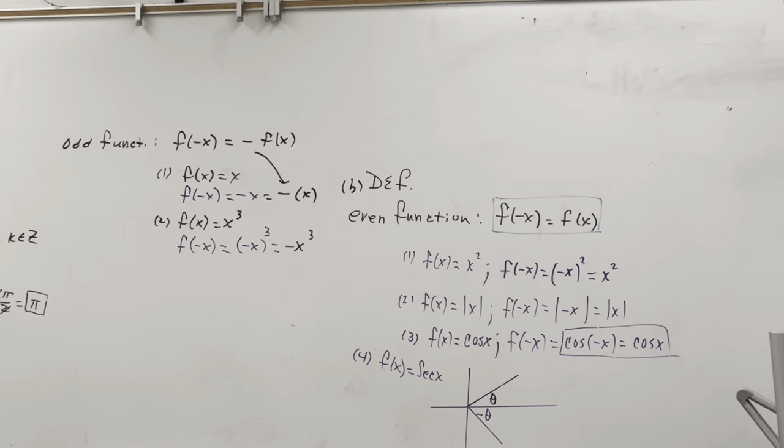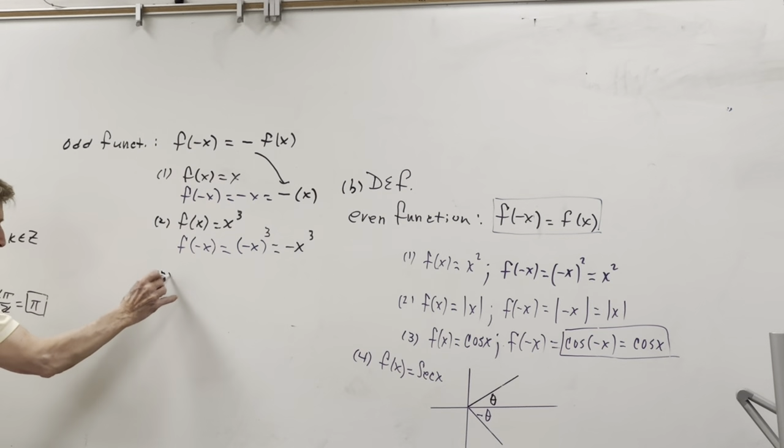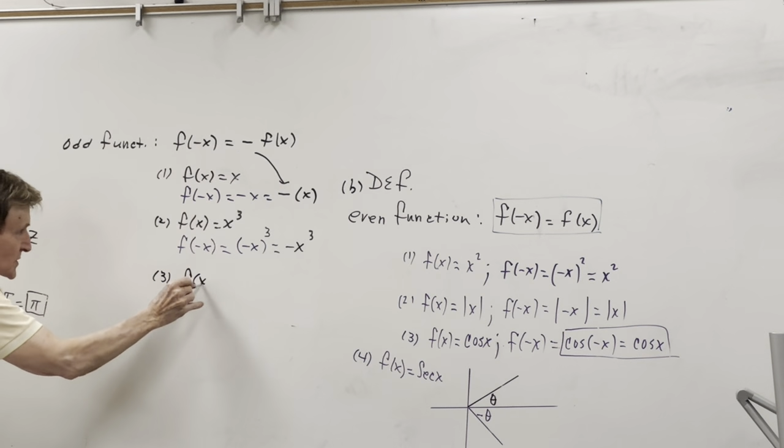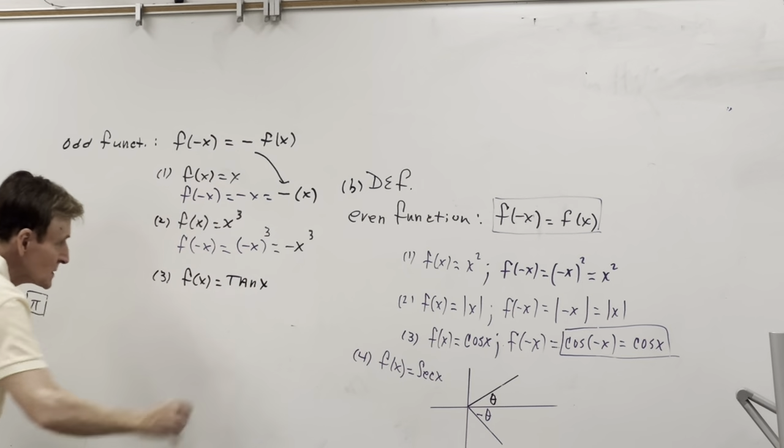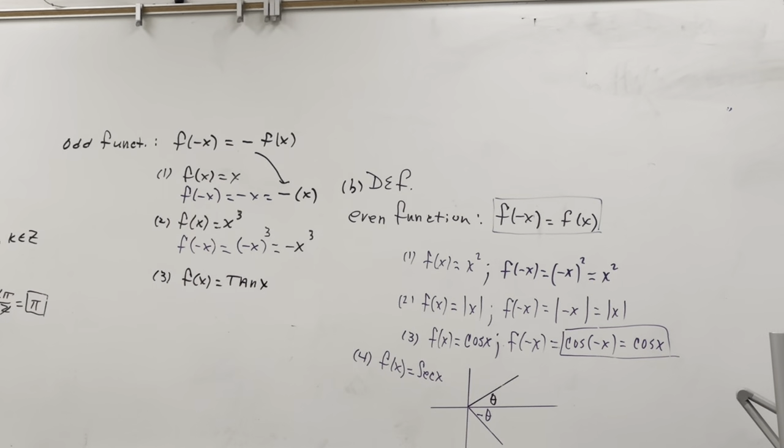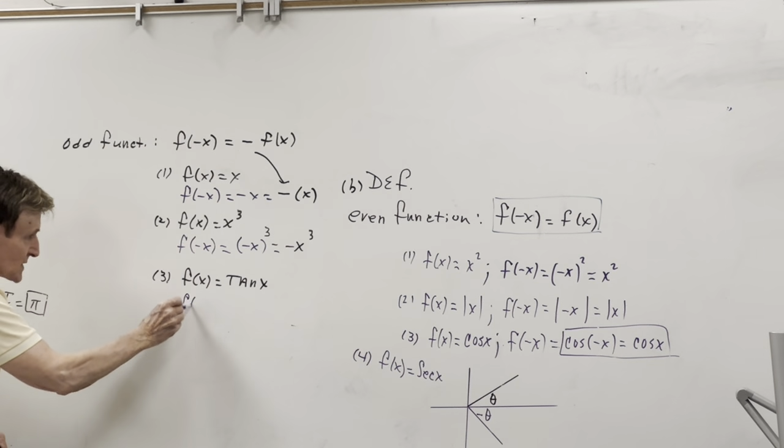Professor, the trig functions, which ones are odd? There were three of them, pick up this one. First, tangent x, the one that's staring at me right here. I'm going to test it. Let's find f of a negative x.